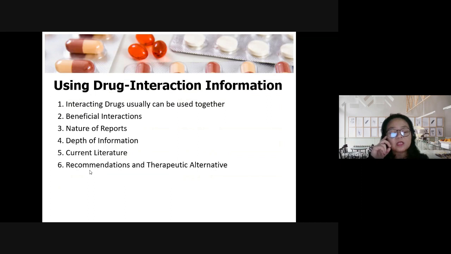So in some cases, class, if the interaction of two drugs are very serious, no? Or pwedeng mag-cause ng life-threatening condition or interaction, then there should be a therapeutic alternative. Kung meron namang ibang alternative, then yun na lang ang gagawin. Magkakaroon na lang ng substitution of the medication.